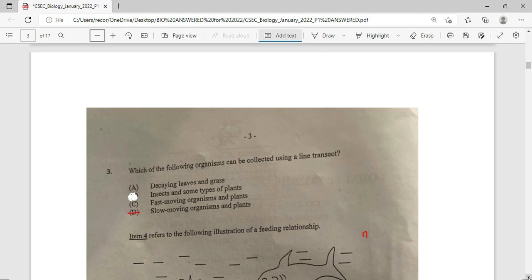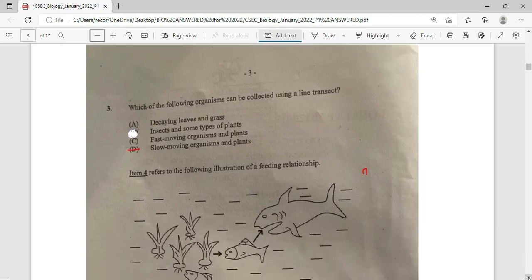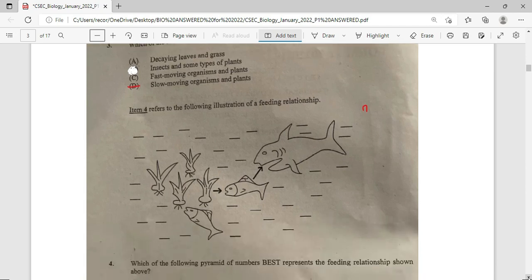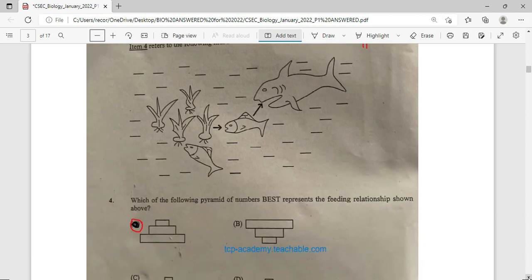You use a line transect to sample stationary and slow-moving organisms across an ecosystem or as the ecosystem changes. Now, the line transect would not be suitable to sample flying butterflies and bees and wasps and so on. So for that reason, we are not accepting B. But we still give credit to the person who answered the paper. In no way is our intent to discredit this individual.